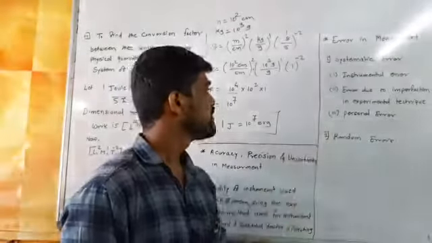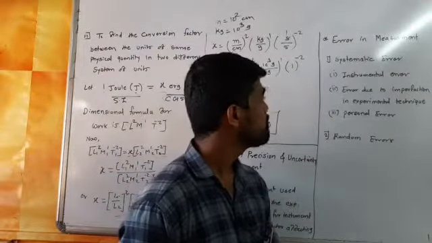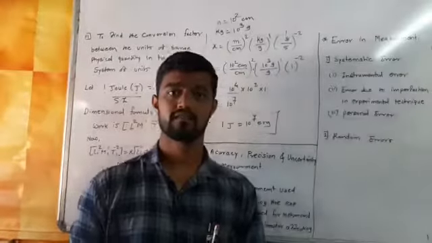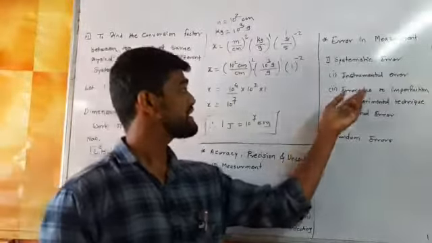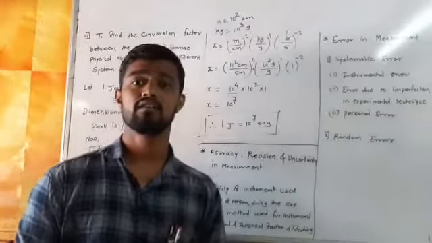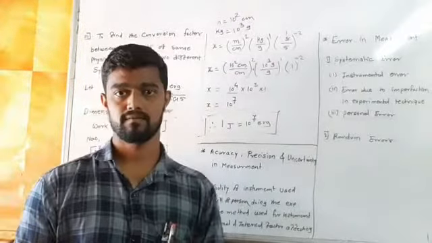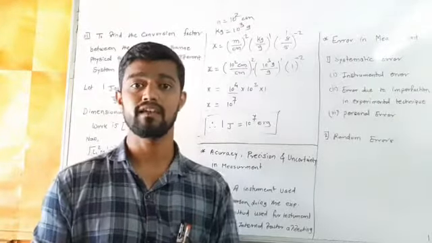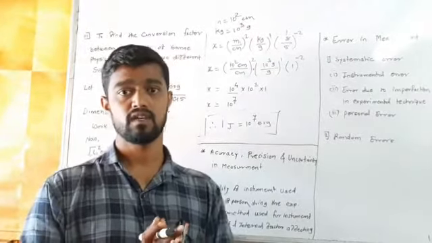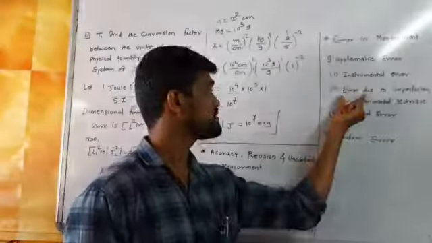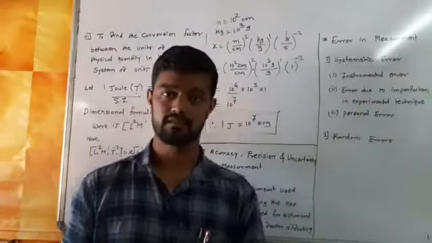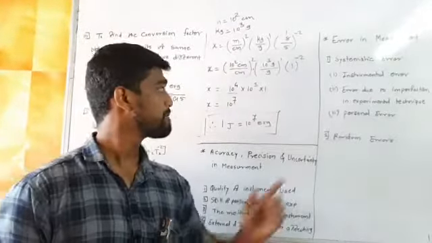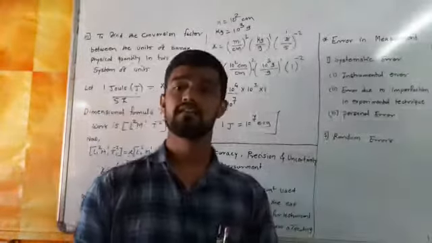Next, error due to imperfection in experimental technique. This error depends on faulty setting. We set an instrument faultily, so this error arises. You never get a perfect value. And the last one is personal error.